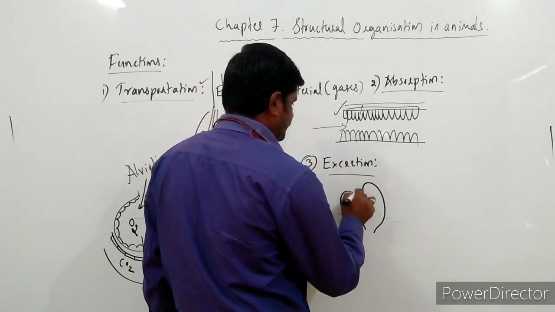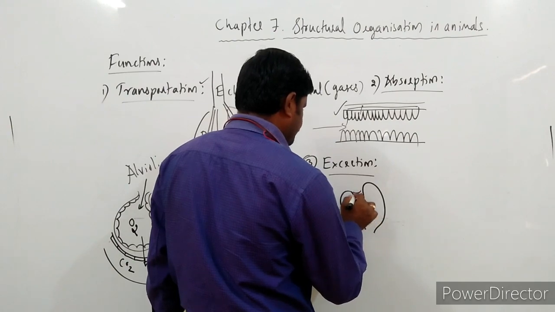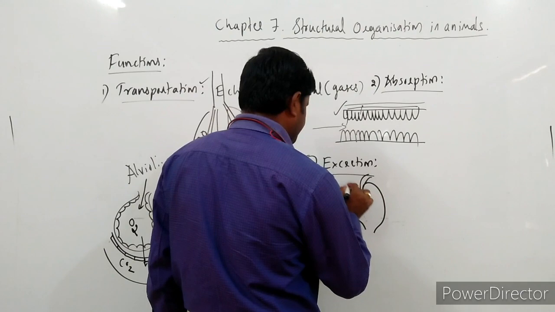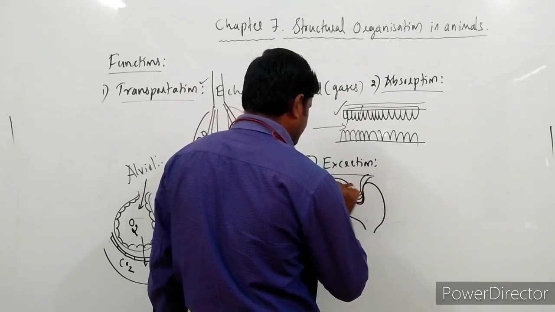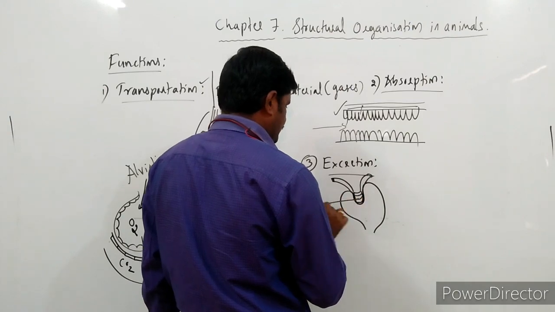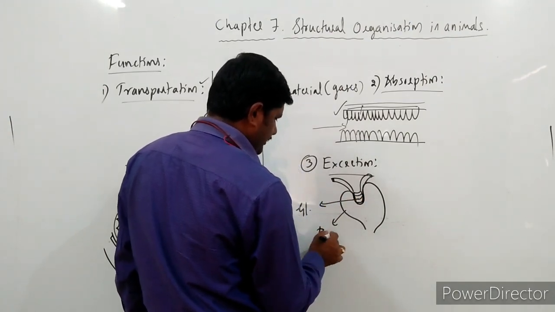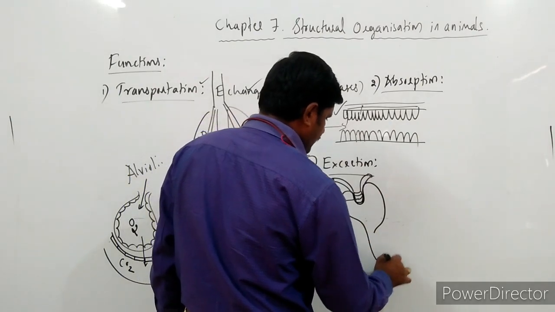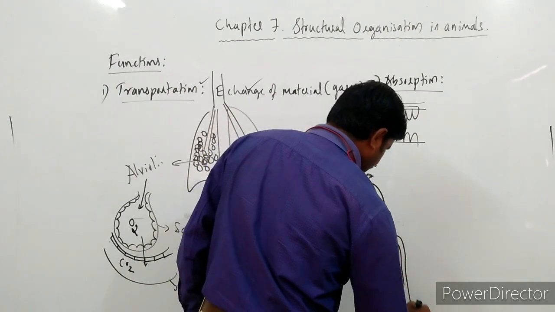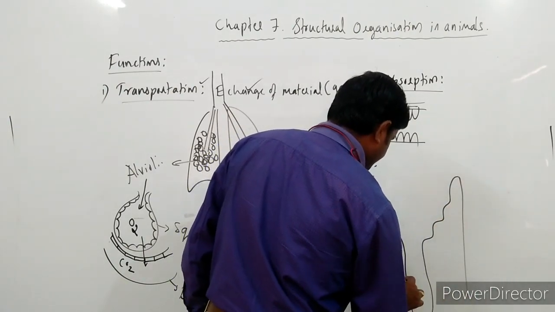Here you come across the glomerulus. This is the Bowman's capsule. This is the PCT. This is the Henle's loop. This is the DCT.